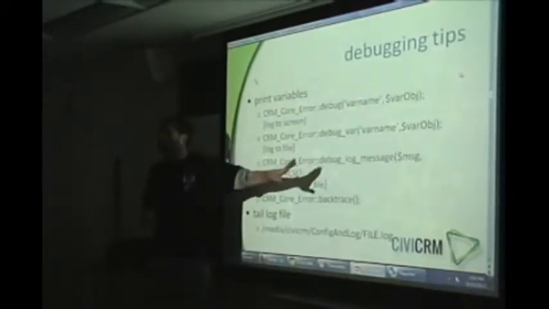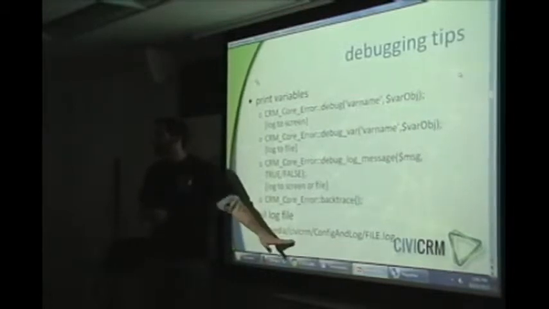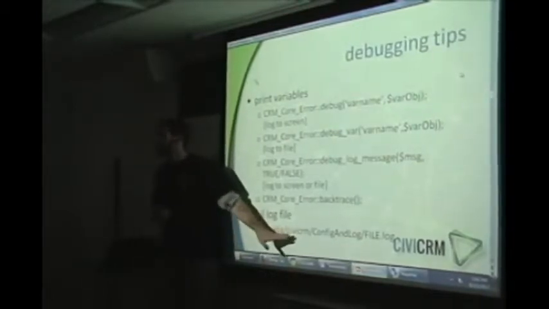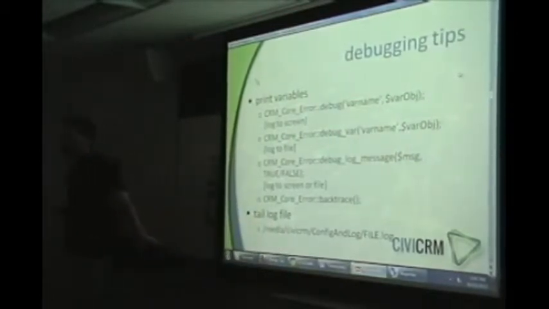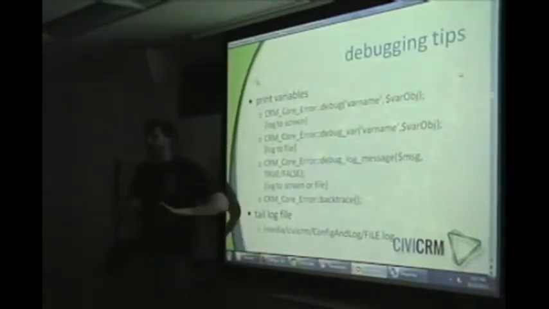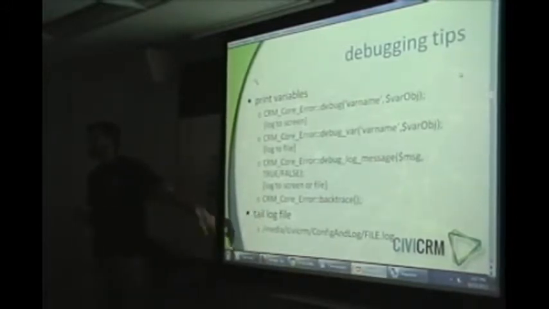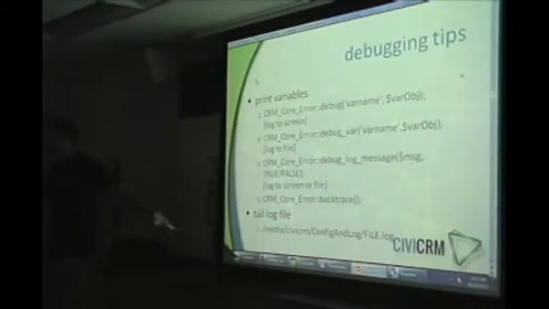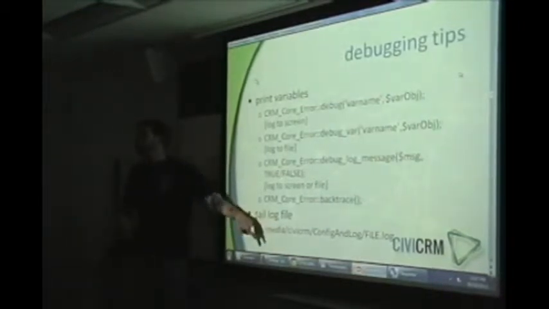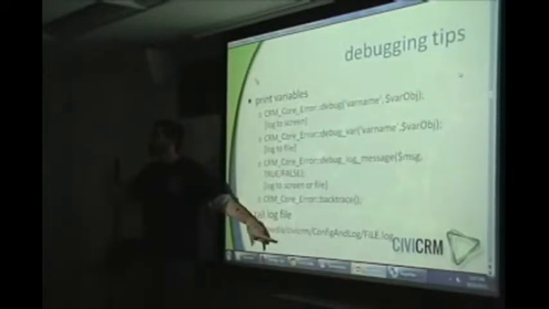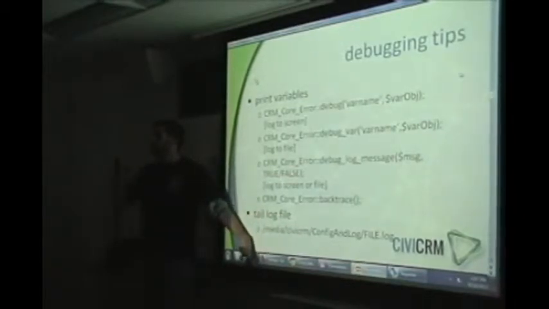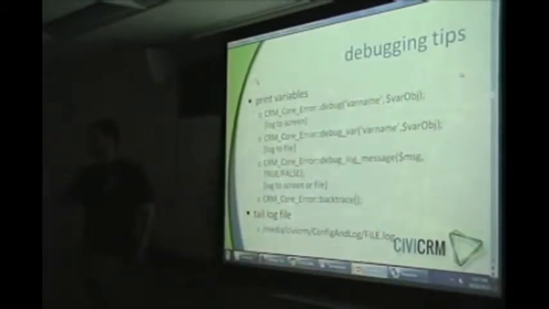And using debug var, I can log in my code to this. That's really, really useful if you have to debug a production site. So if you don't have a development site that you can be using, you can just spit out variables to your log file. When I'm doing heavy development, I'm tailing it in my command line, so I can just see it spit out as I go through things. It's also helpful if you need to capture logs when you're doing a form process, like post-process, for example.